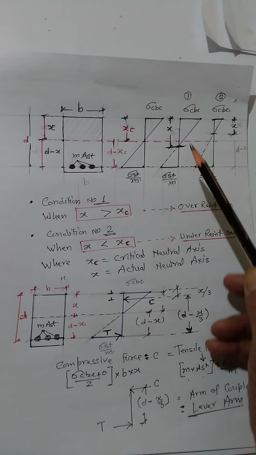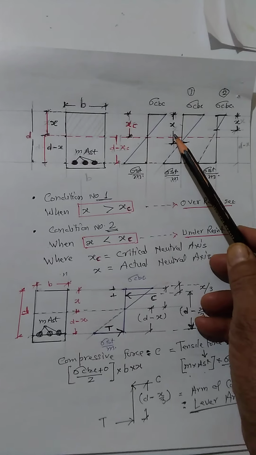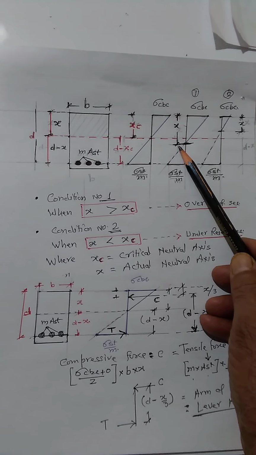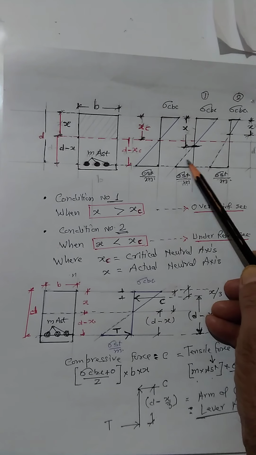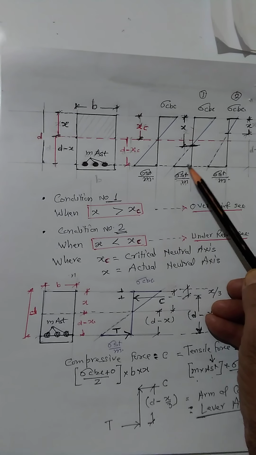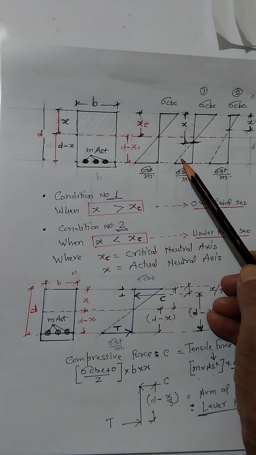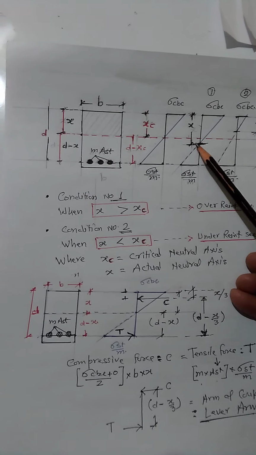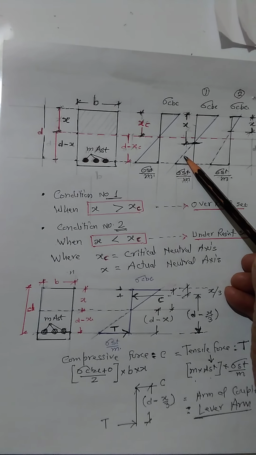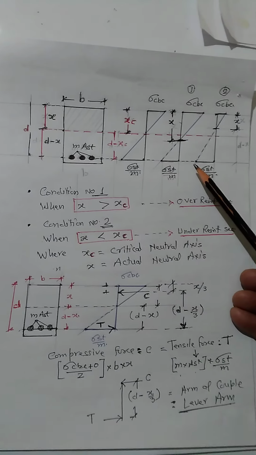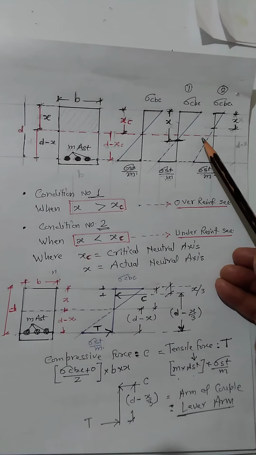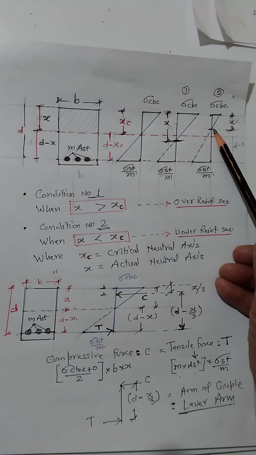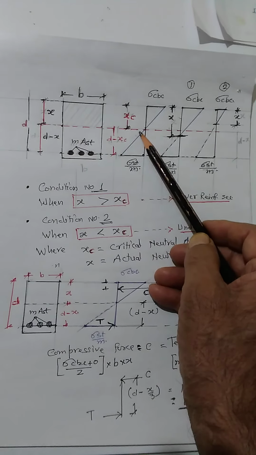When it is more than xc, the CG of this section is in the steel zone. It means we are providing more steel, hence the CG shifts toward the steel zone. When we are providing less steel, the concrete will be rich, and at that stage we will find that the depth of the actual neutral axis is less as compared to xc.